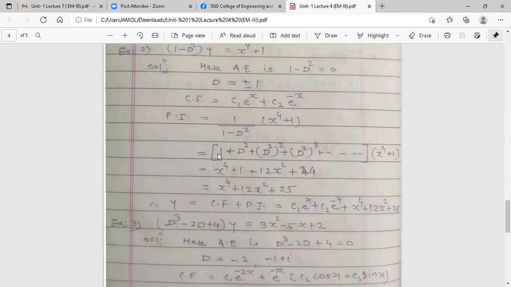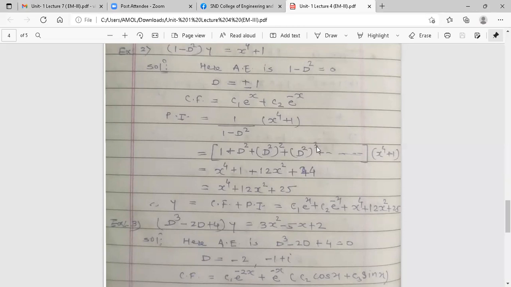It is 1 into x raised to 4 plus 1, which is x raised to 4 plus 1, plus D square, the second derivative of x raised to 4, which is 12x square, plus (D square) square, which is D raised to 4. The fourth derivative of x raised to 4 is 4 factorial, which means 24. So right here, 24.